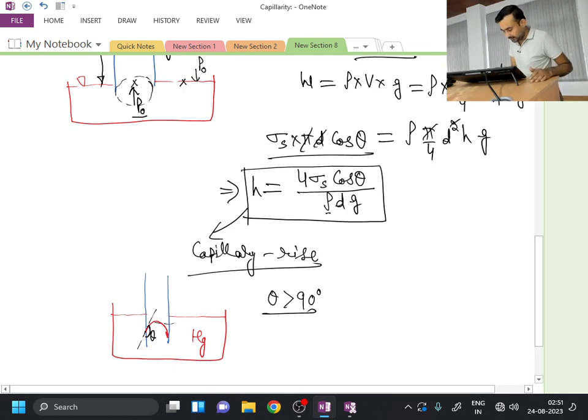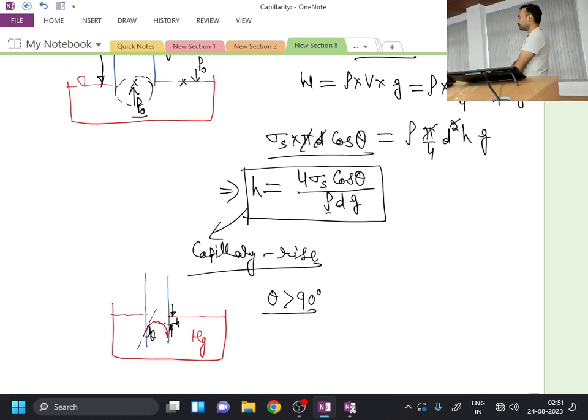So that is the reason, whenever I have shown the mercury, you can see the normal free surface of the container is at a higher level, and the free surface within the tube is at a lower position. So this is the h. This is nothing but capillary fall. Okay. Is this one clear?